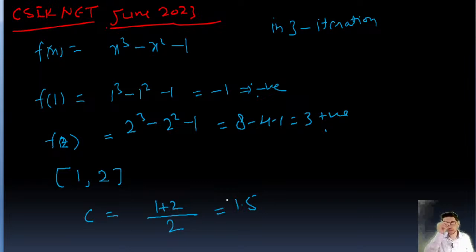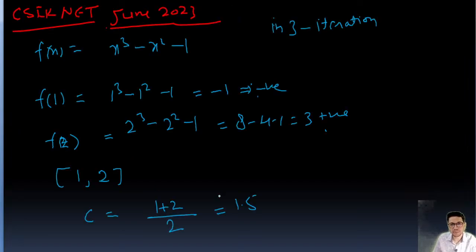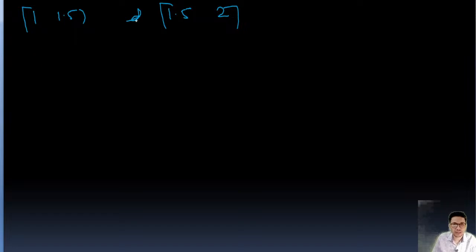Now we have got 2 intervals, that is 1 and 1.5, and another is 1.5 and 2. Now we'll check in two conditions, right?